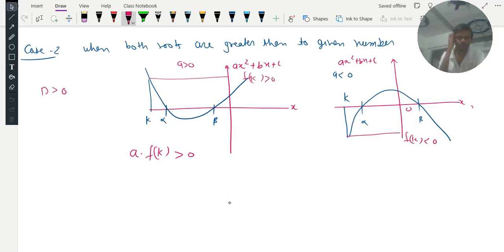So a into f(k) is always greater than 0 in this case also, and k is less than minus b upon 2a.